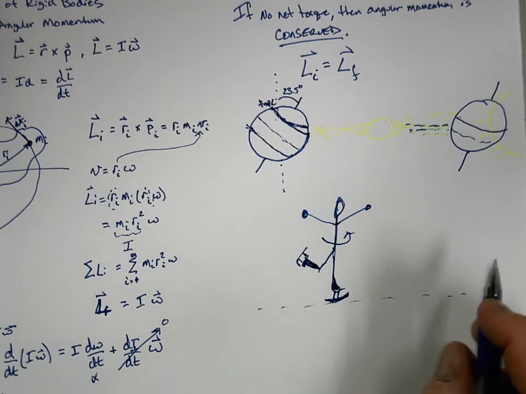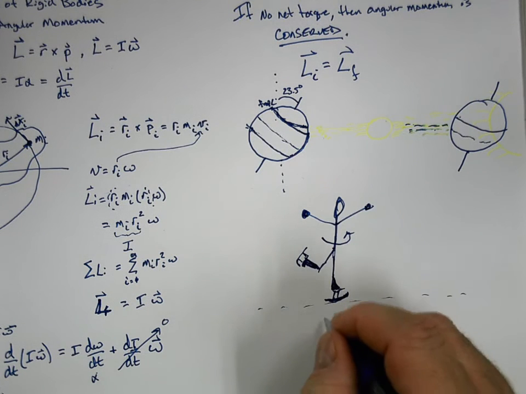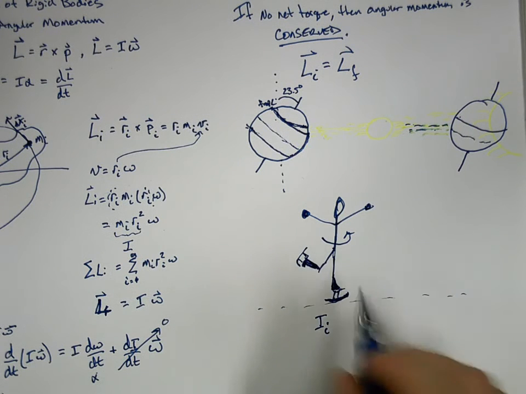And with their arms out, this has a large initial moment of inertia when they're spinning.